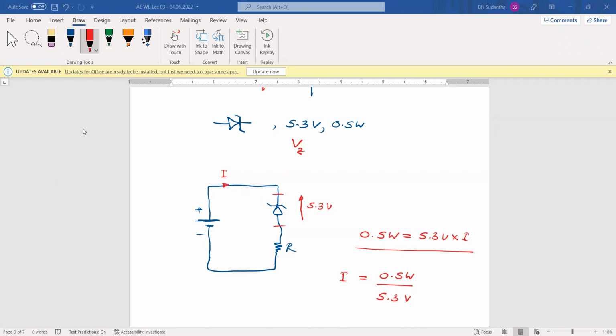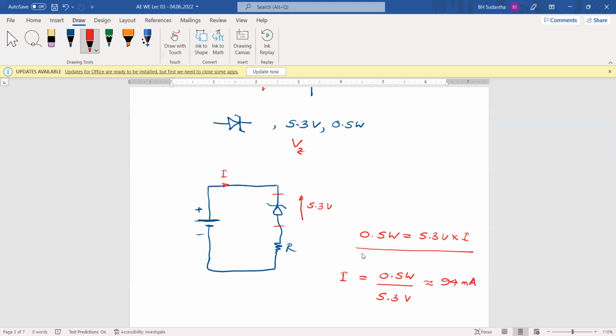Then nearly 94 milliamperes we can send through this diode. Is it okay? 0.5 divided by 5.3, yes, it's 94 milliamperes. That much current we can send through the diode.